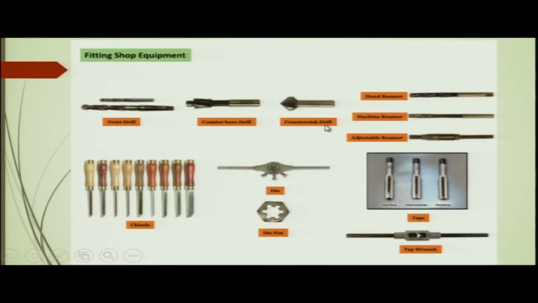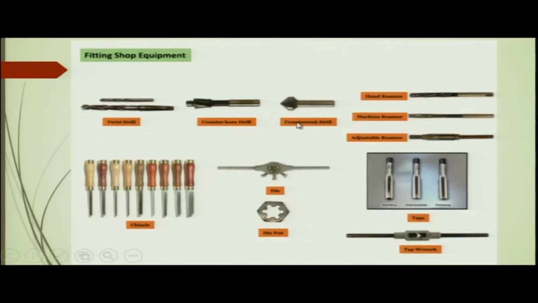Counter sink drill: as per the configuration of the drill, the drilled hole configuration will be the same. Counter sinking is required when you have a counter sunk head of a bolt that has to sit in the threaded hole.